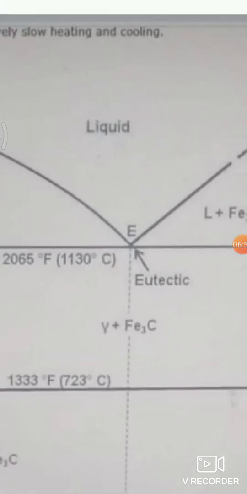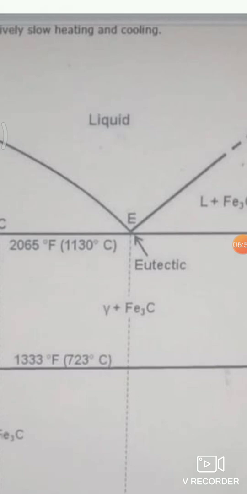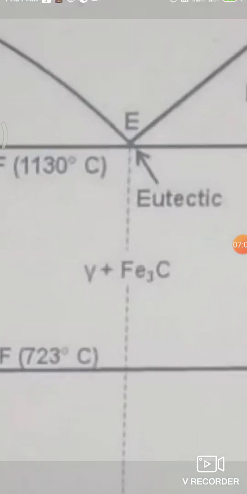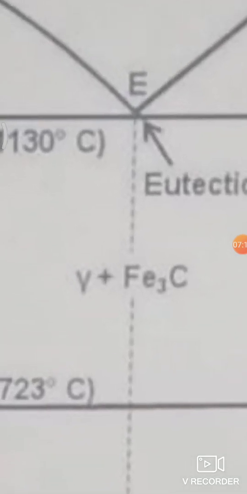So eutectic, that liquid phase, when we are giving heating to the steel, is converted into the liquid steel. Now in reverse, when we are cooling this liquid phase below this 1130 degrees Celsius, that liquid phase is converted into gamma phase plus cementite phase, that is Fe3C phase.